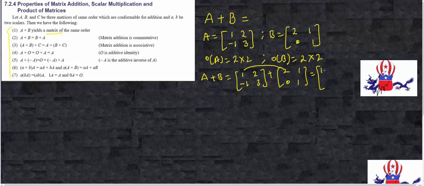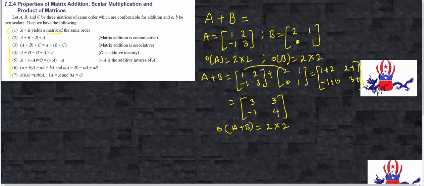So that would be 1 plus 2, 2 plus 1, -1 plus 0, and 3 plus 1. 1 added with 2 gives 3, 2 added with 1 gives 3, -1 added with 0 gives -1, and the last element would be 4. So clearly the order of A plus B is also 2 by 2. That is what they are saying for the first property.